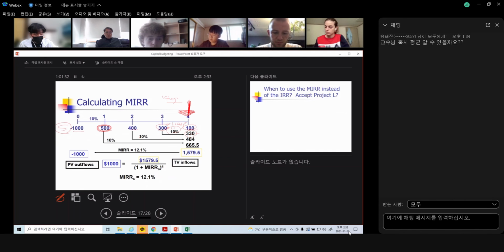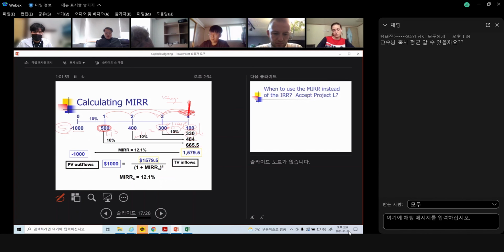And 400 times 1.1 squared, first year and second year, 2 years, right? So 400 times 1.1 squared is 484. 500 times 1.1 to the power of 3, 3 years, is going to be 665.5.